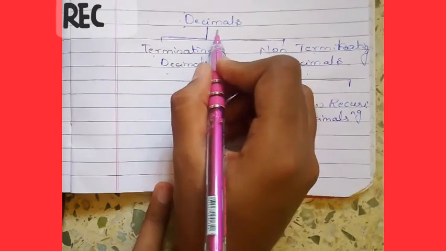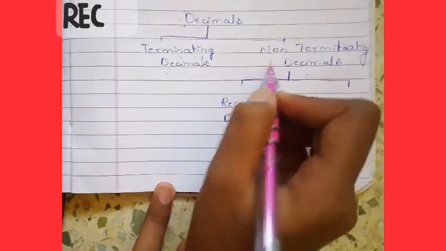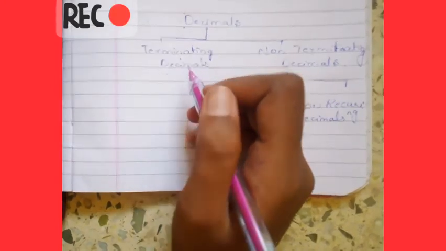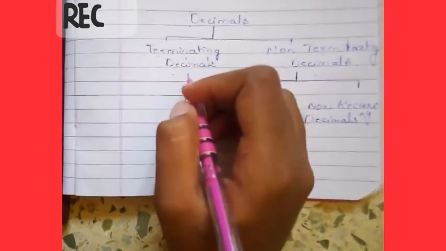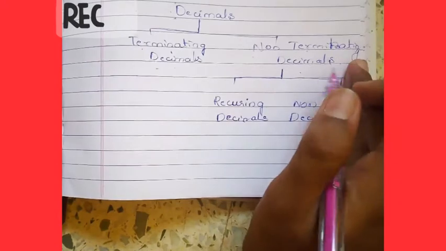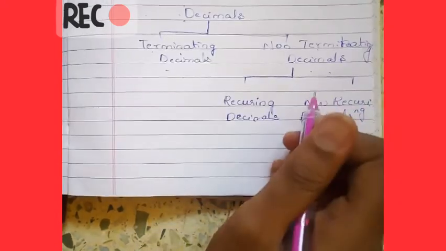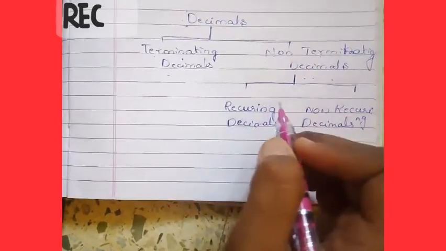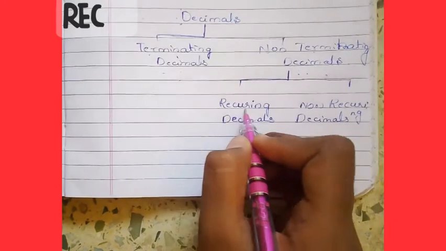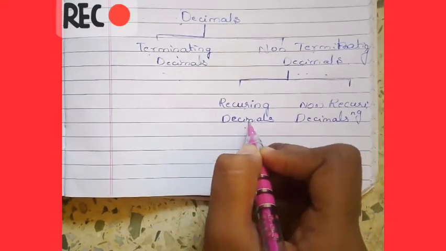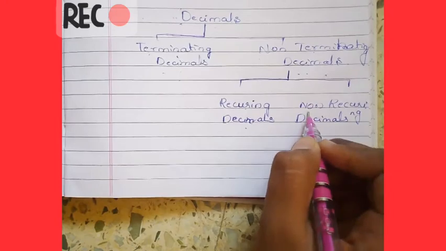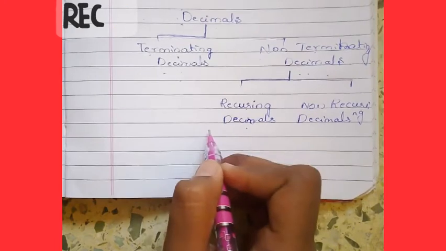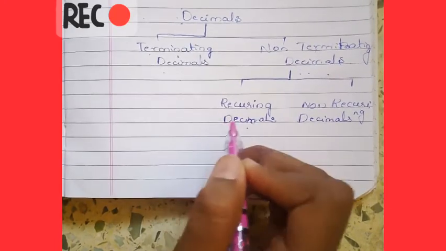So in decimals, there are two categories. Those are terminating decimals, meaning finite numbers after the decimal point, and non-terminating decimals, meaning infinite numbers after the decimal point. In non-terminating, there are two categories: recurring decimals and non-recurring decimals. Recurring means repetition of the numbers after the decimal point.